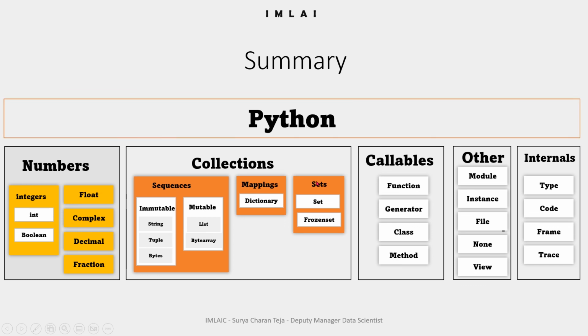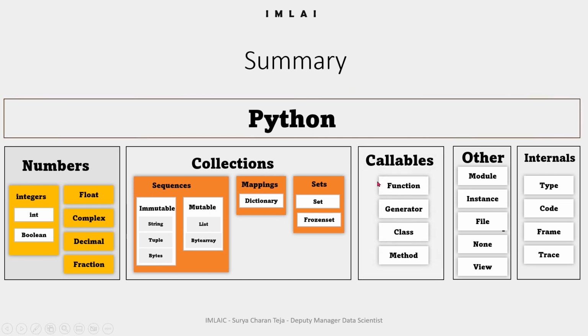Set and frozen set are the two objects that come under this category. A frozen set is used to get an immutable set, because sets are inherently mutable.